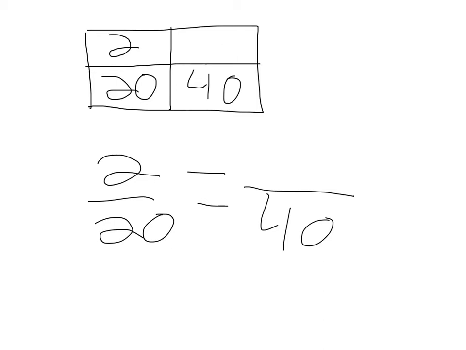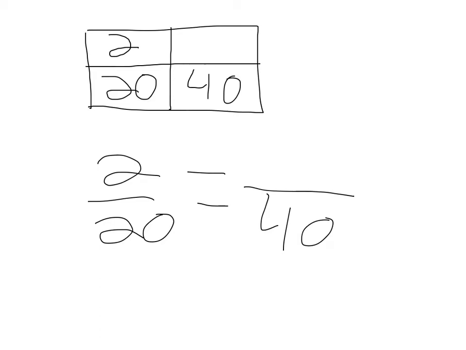I'm going to draw a fish, and the key is when I'm done drawing my fish, the very last tail has to end up where my blank is. Doesn't matter if my blank's here, here, here, or here. If I set these two equivalent fractions equal to each other, and I do my fish, and it always ends up there, it will give me the answer.